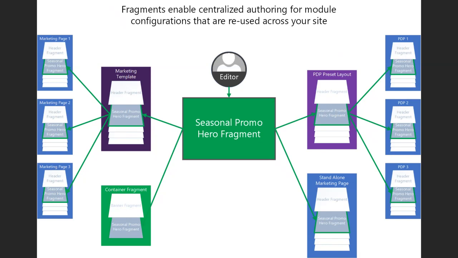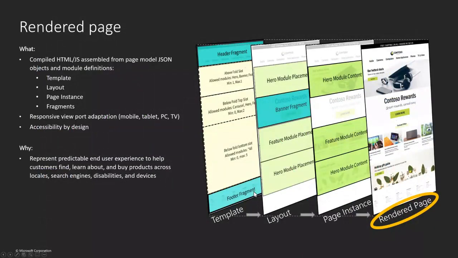So in a nutshell, fragments can be used really anywhere in the page model. When you edit them and publish them, anywhere that it's used across your site will get that update immediately. All of these pieces come together at render time to create the rendered web page that your customers are going to see.